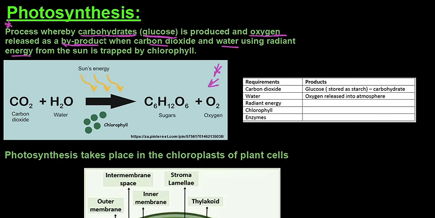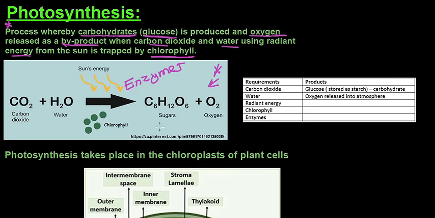We need energy to put all of these reactants together so that we can get to the products. And this can only happen in the presence of green plants, so plants that contain chlorophyll, the pigment that gives plants that green color. And then there are also enzymes involved, and we'll look at these enzymes in a bit more detail later on in the video.